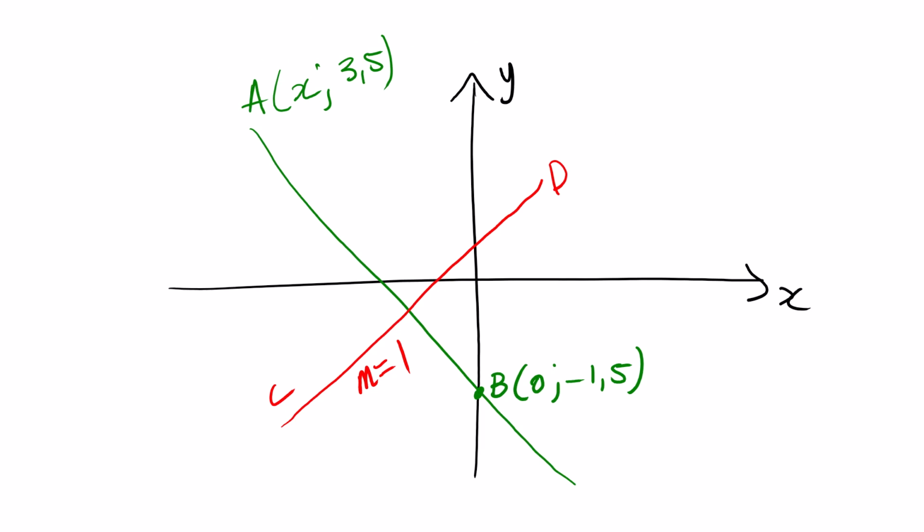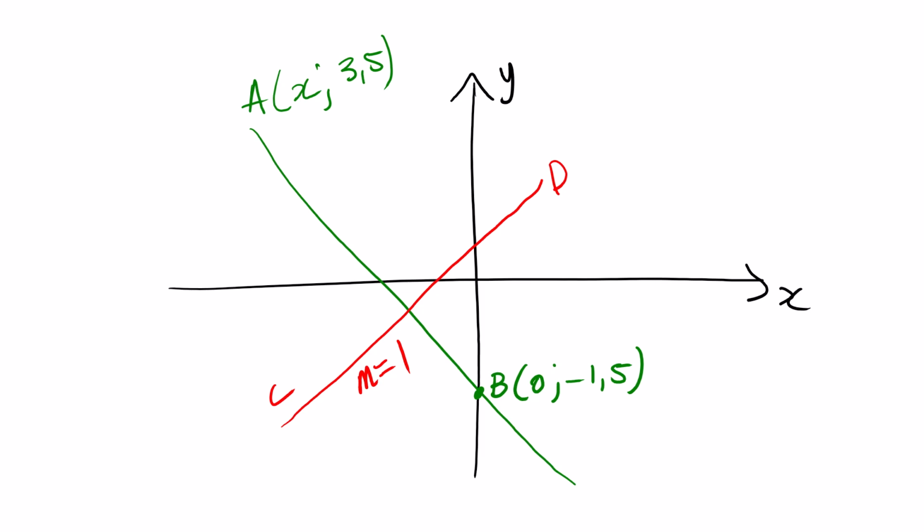Our example is this one. We are given two lines, line AB, CD. The gradient of CD is 1. The coordinates of A is x, maps 3.5. For B it's 0, maps -1.5.